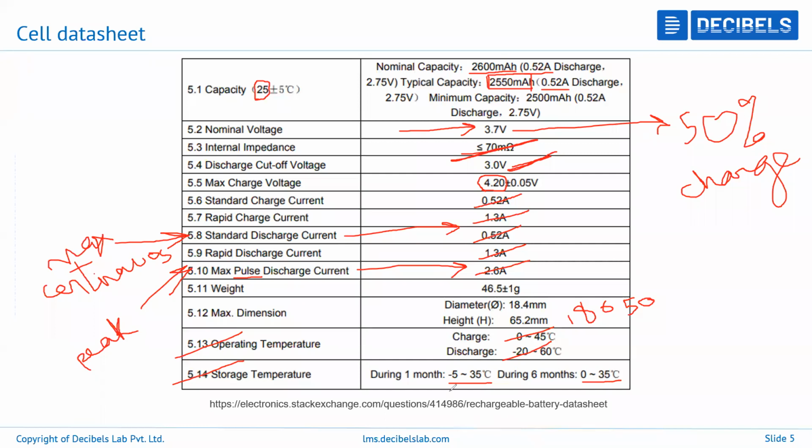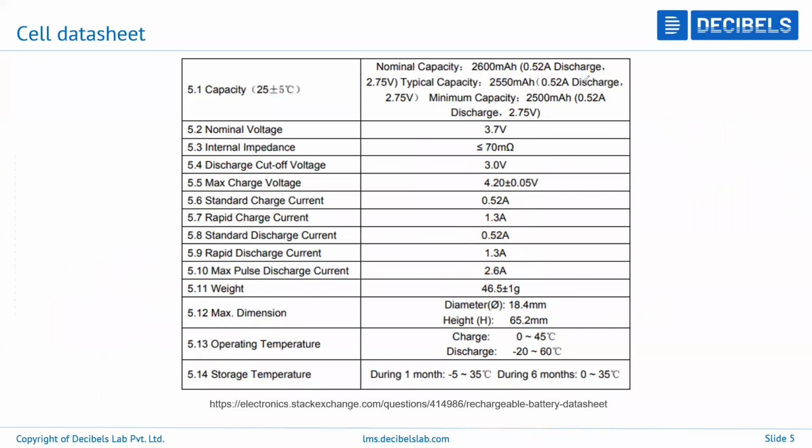If it's for 1 month, it would be a more flexible temperature range, but if it's for a much longer time, then it has to be kept within a much narrower temperature limit.